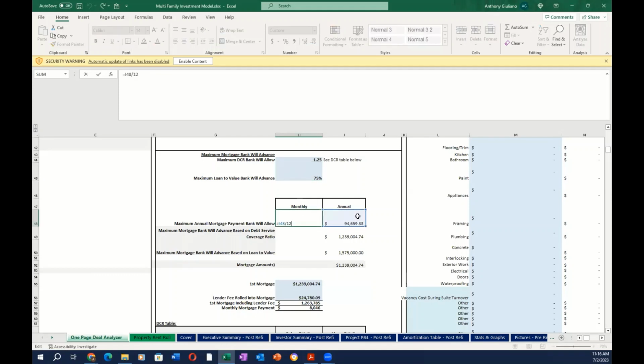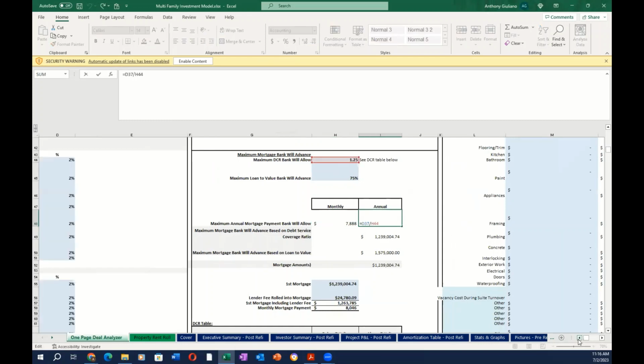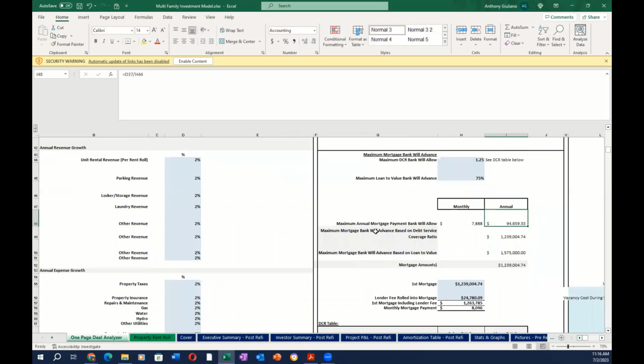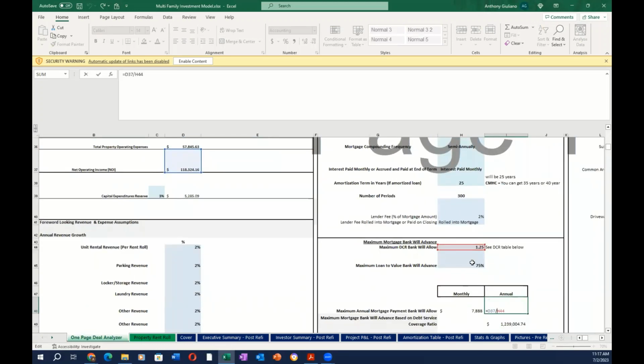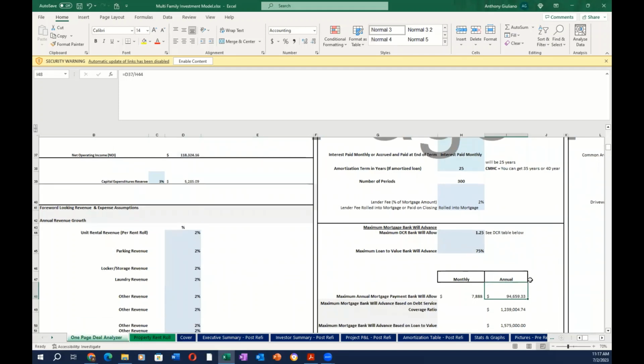What I've done here is there is a calculation to figure out the maximum mortgage payment that the bank will allow based on this DCR. It's taking the net operating income that we've calculated up here in this section, dividing it by the 1.25 debt service coverage ratio, and it's pretty much saying your maximum annual mortgage payment will be roughly $94,659.